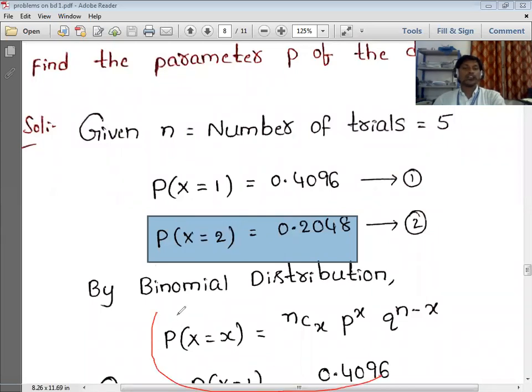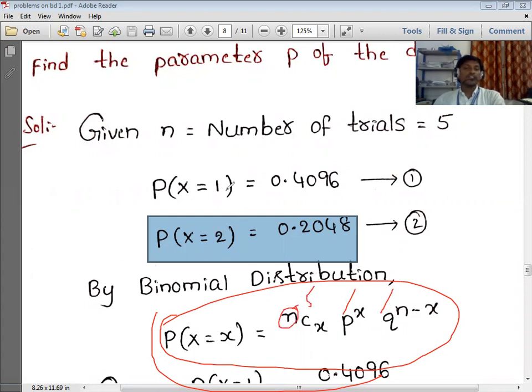So we write the formula P of x is equal to nCx p power x q power n minus x. In that, P we don't know, Q we don't know, n we know, because n is equal to 5. And x, they gave 1 and 2.